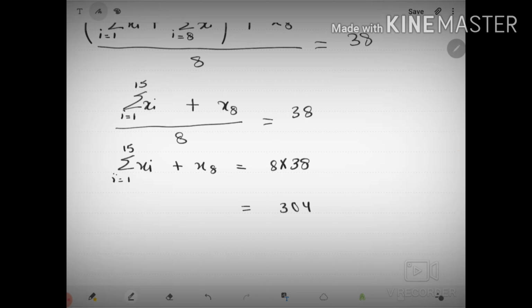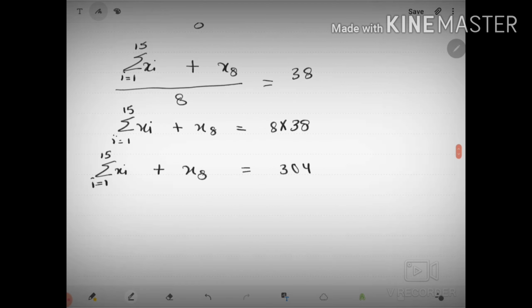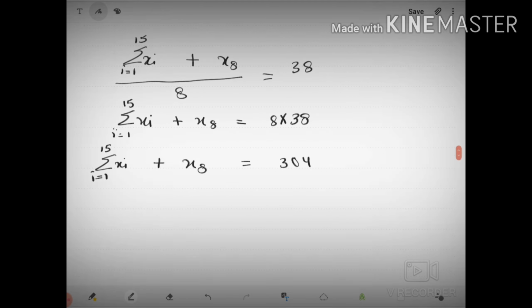Multiply this. And what about sigma xi, i equals 1 to 15? What can we say about this? The sum of all 15 observations can easily be obtained from the given value of the mean. In the question it is already given that the mean of all 15 observations is 19. So let us use it here.